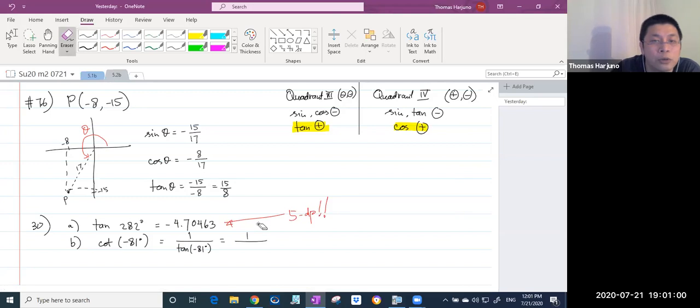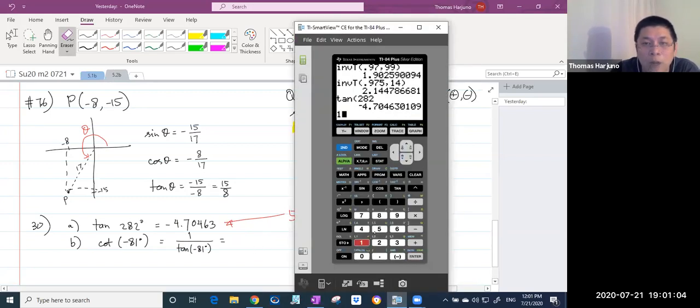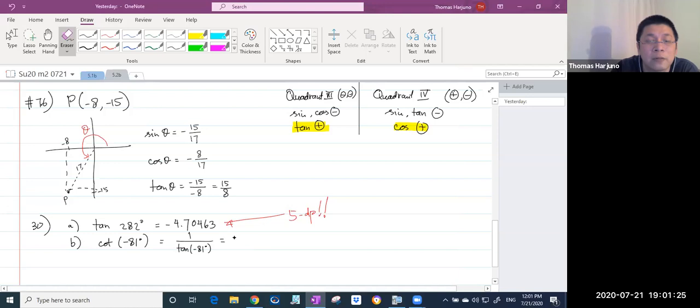Then from there you use your calculator. I will do 1 divided by tangent negative 81. Now the negative sign, you don't use the subtraction sign on the calculator, you use the negative sign. The mode is already in degrees. So that's negative 0.15838.